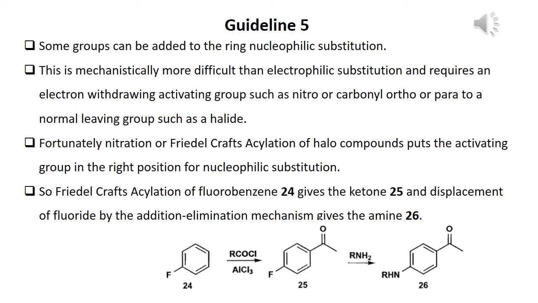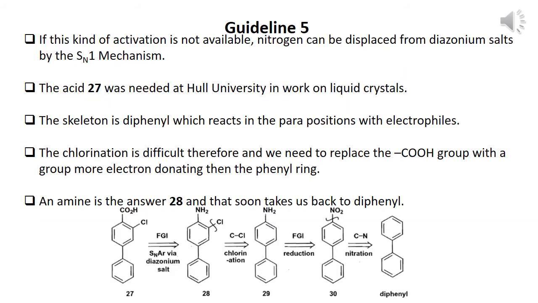So in this example we have seen the implementation of this point. If this kind of activation is not available, nitrogen cannot be displaced from diazonium salts by an SN1 mechanism.